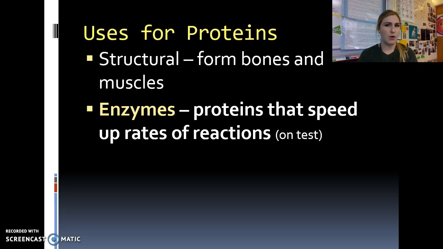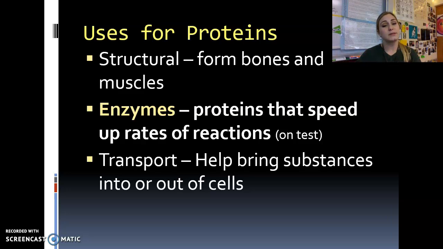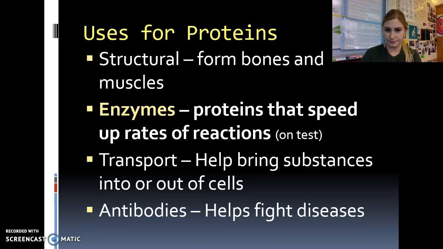Molecules will break down on their own, but it can take a really long time, and we don't have enough time to wait for all of that to happen. So instead, we have enzymes to speed up that reaction. And then we also have proteins that allow for transferring things, bringing things into and out of our cells. That way we have enough stuff to actually function.